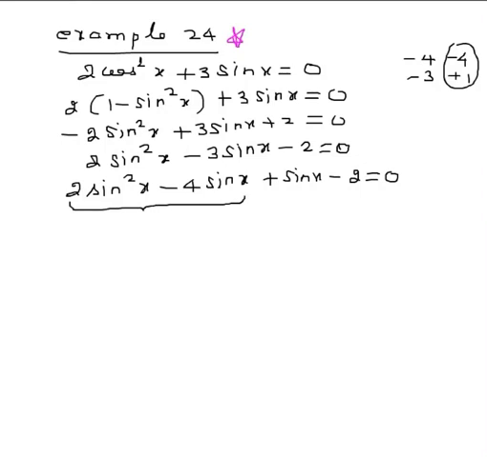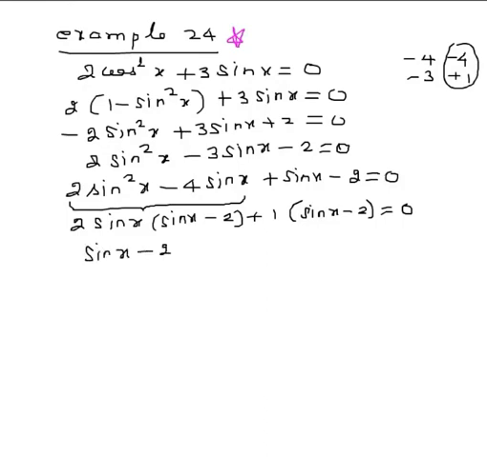Now from the first two terms, 2 sin x is common, and from the last two terms, 1 is common. Now sin x minus 2 is a common factor.